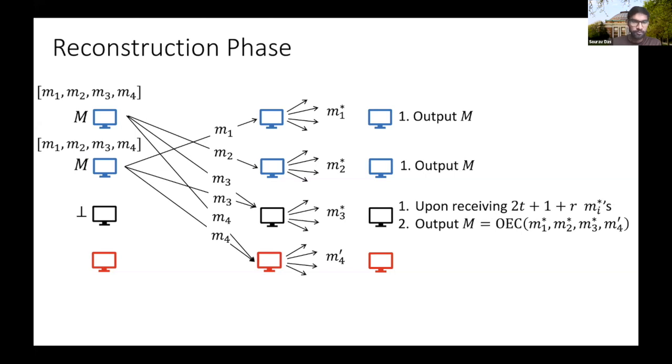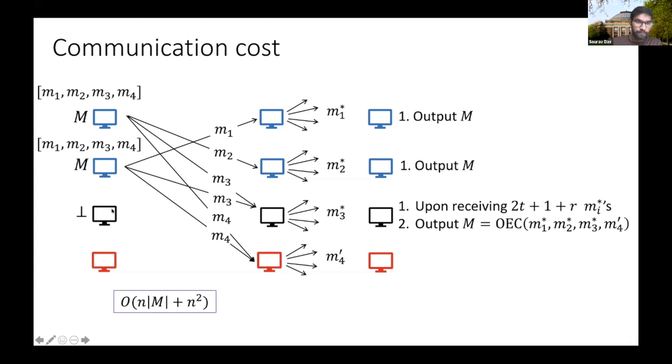Now let's look at the communication cost. In the first phase, the dispersal phase, the size of the encoded message is proportional to the size of the original message. The communication cost is that everybody sends a small message, and the size of a small message is size of capital M by N. So the communication cost of the dispersal phase is N times M plus N squared.